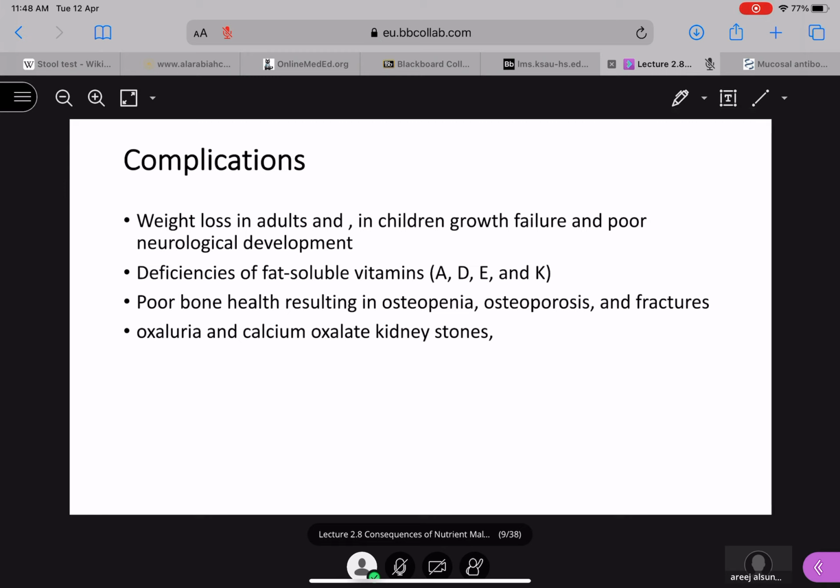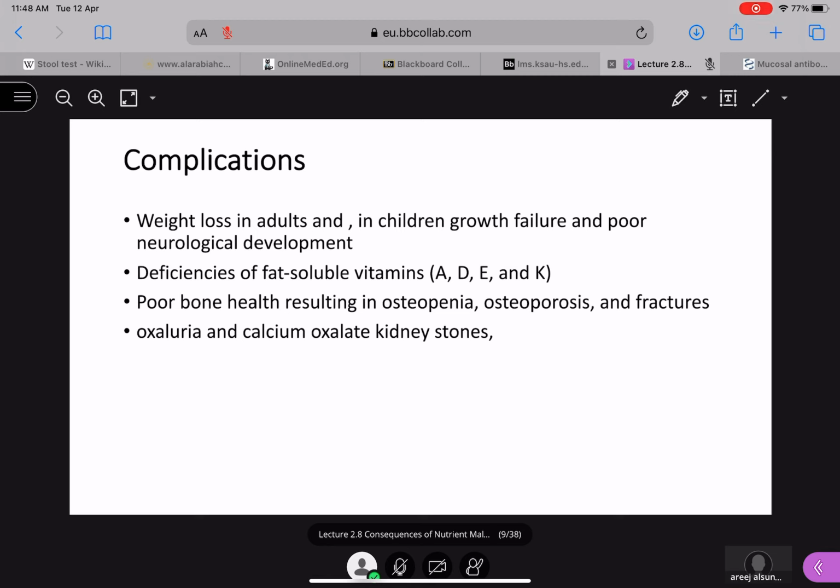Because of the deficiency of vitamin D, there will be poor bone health, which results in osteopenia, osteoporosis, rickets. And another common complication in steatorrhea: because fat is not absorbed, the fat will, in the lumen of the gut, attach to calcium, and this will leave the oxalate deprived of calcium, because the calcium will attach to the fat and leave the oxalate free.